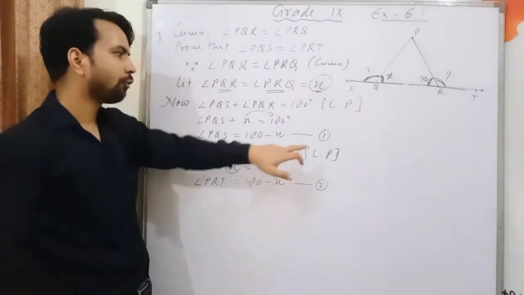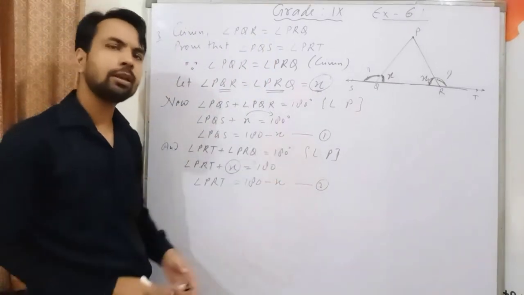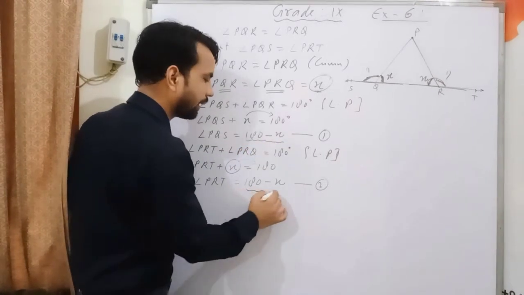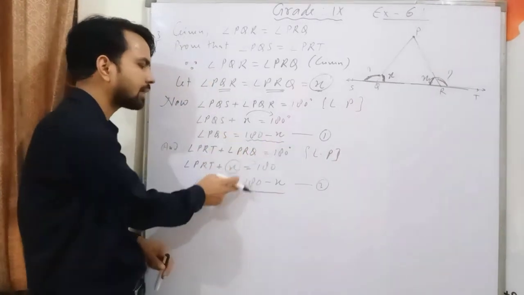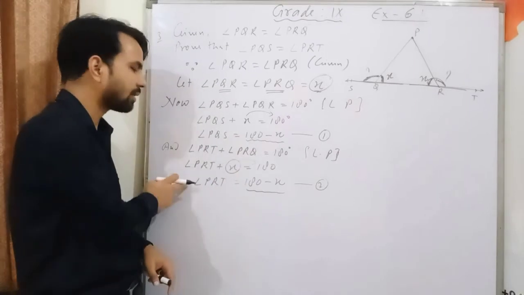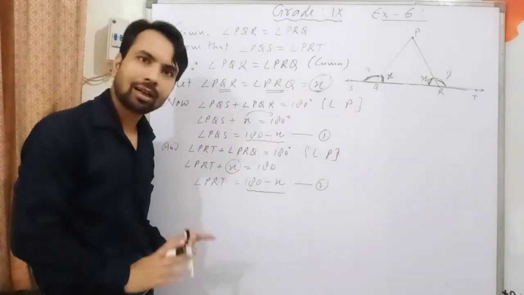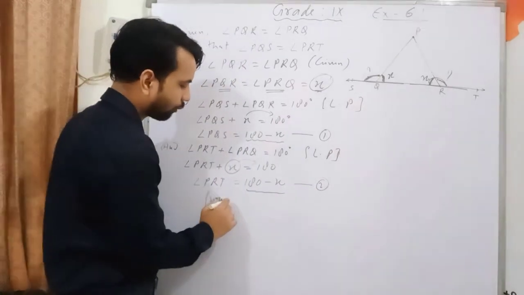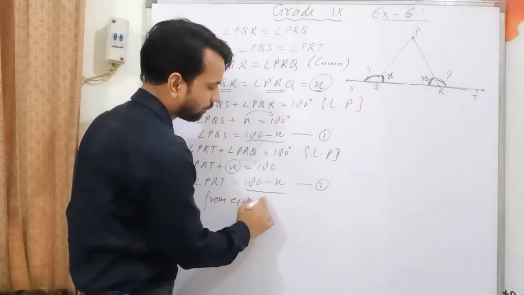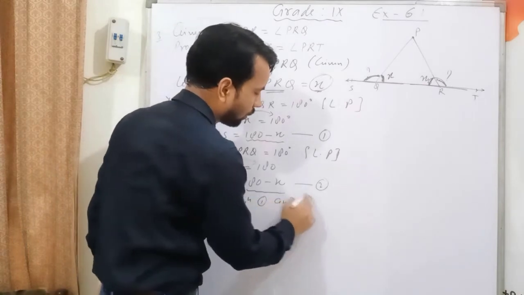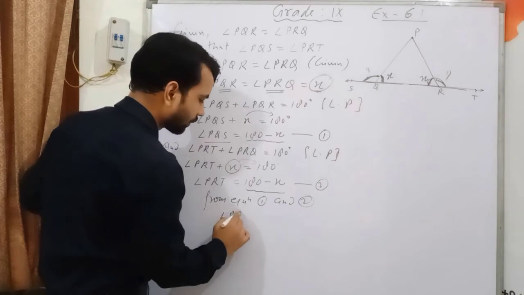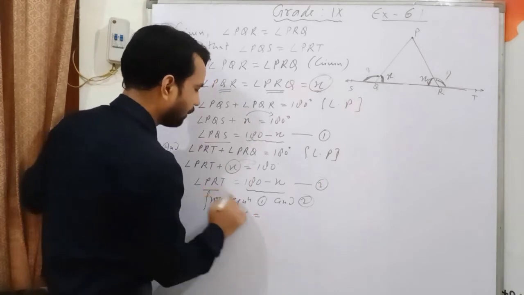Now see, from equation number 1 and from equation number 2, right hand sides are equal: 180 minus x or 180 minus x. If their right hand sides are equal, that means their left hand sides are also equal. Understood? So at last you will have to write here, from equation number 1 and 2, we can say that angle PQS equals angle PRT.